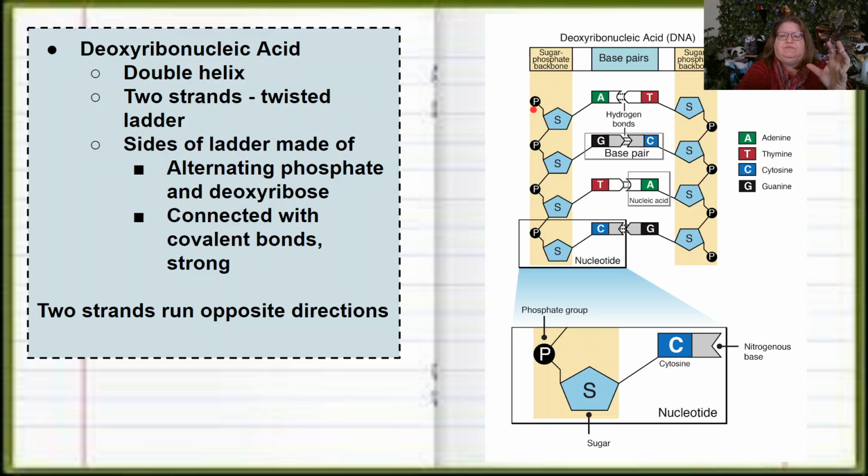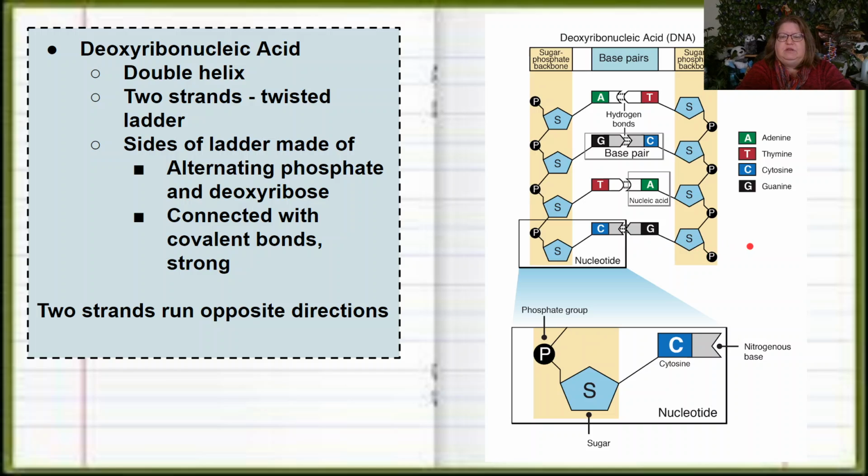You have the phosphate and then the sugar of one nucleotide connecting to the phosphate and sugar of the next nucleotide connecting to the phosphate sugar of the next nucleotide. So the sides of the bases are phosphate sugar, phosphate sugar, phosphate deoxyribose, phosphate deoxyribose.